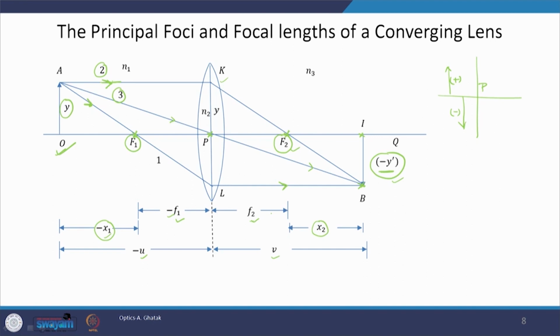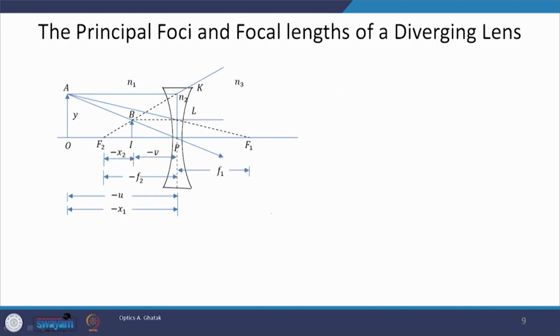A similar ray diagram can be drawn for a double concave lens, which is shown here in this figure. Here the object is situated at point O, and it has a height y. Now, we will again draw three rays. The first ray will pass through the first focal point.